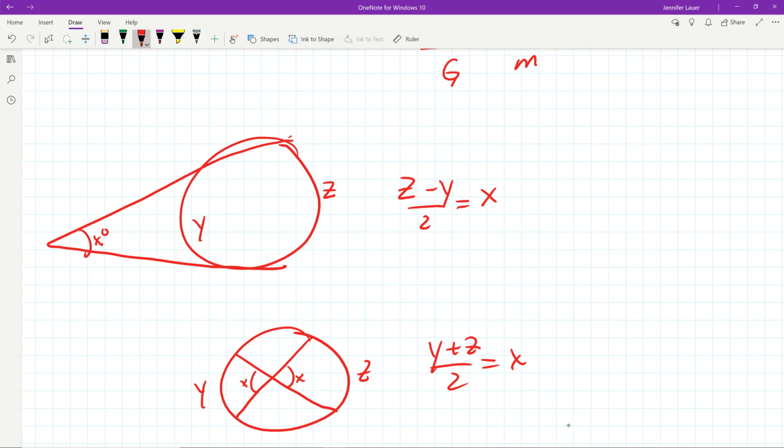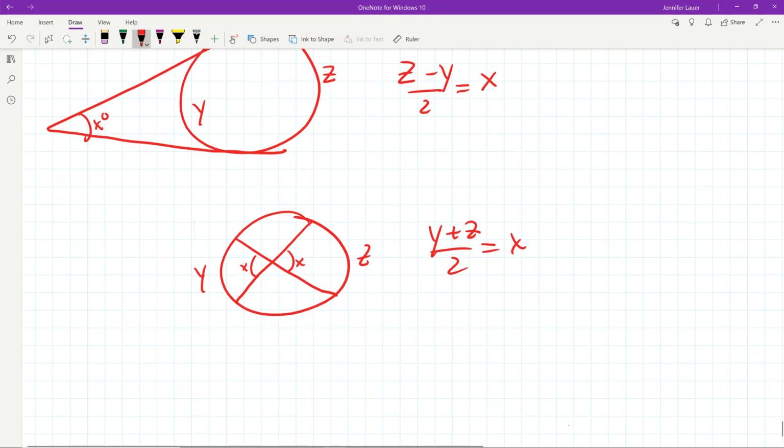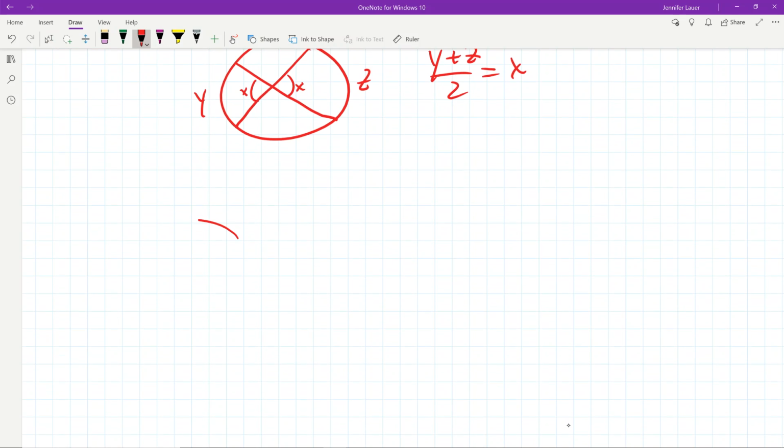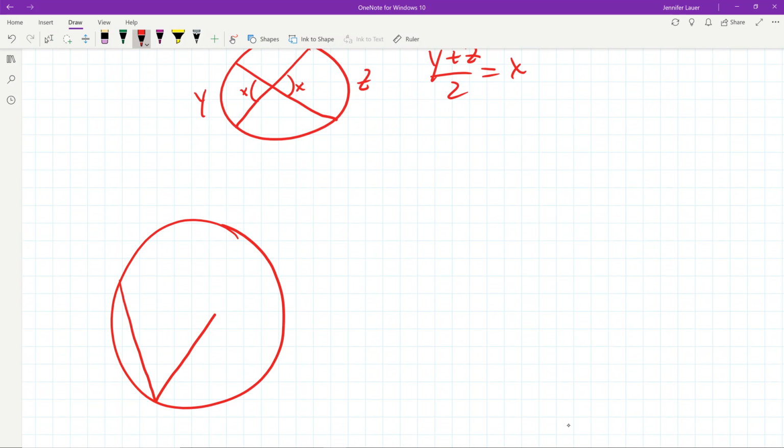Let's do a couple of the problems that are going to have you going with this. So let's do just a couple examples. Let's say we have something like this. And this is 54 degrees. This is 38 degrees. And this is y plus 13 degrees. And this is x plus 16 degrees. And they want us to find x and y. So first of all, I want you to understand that these two are equal.